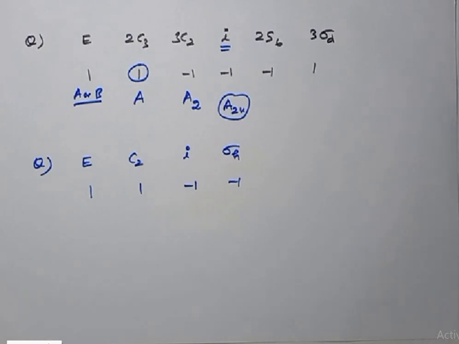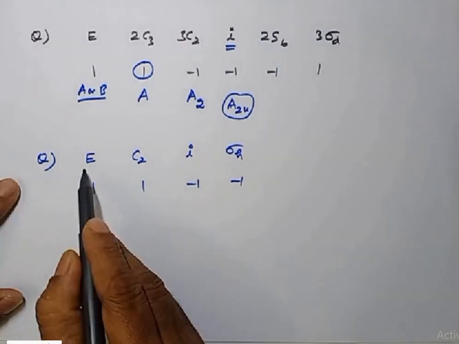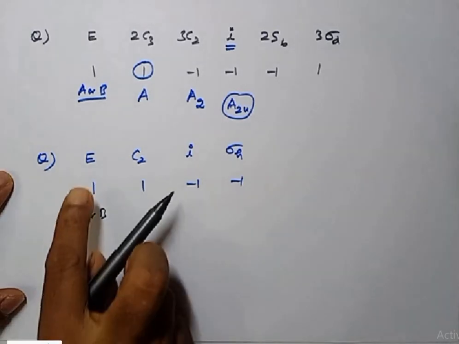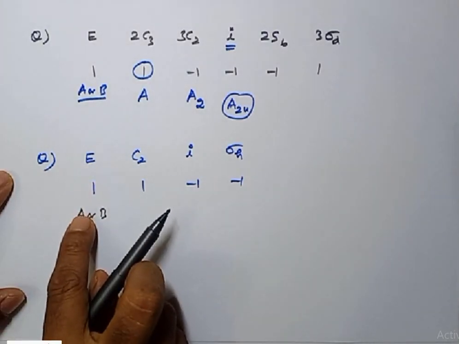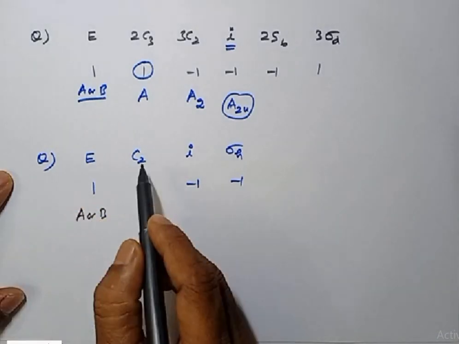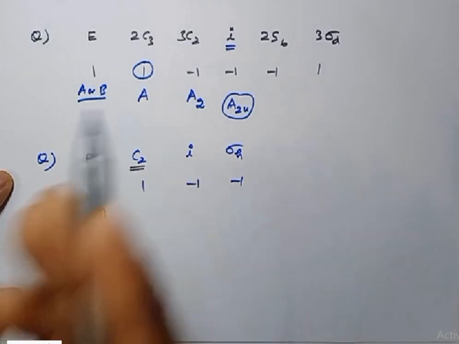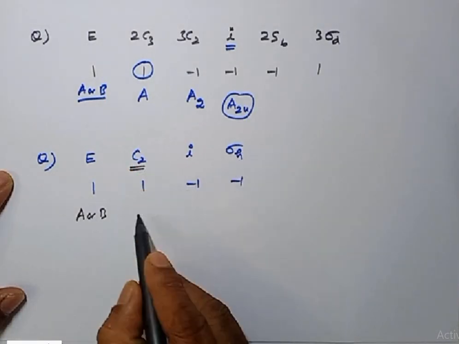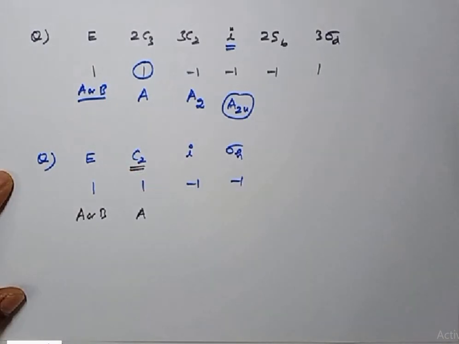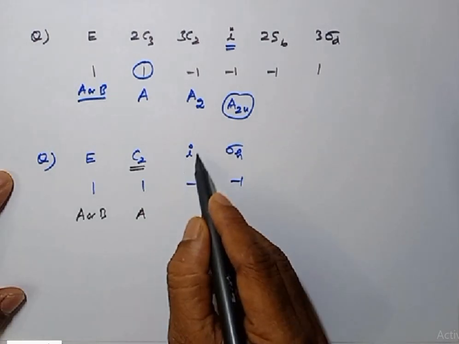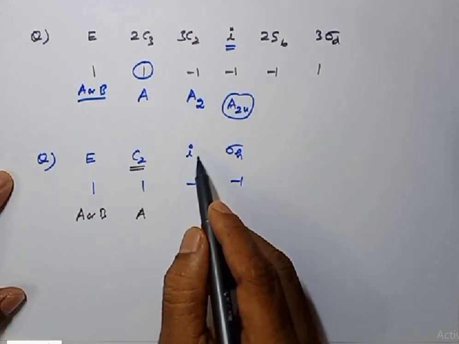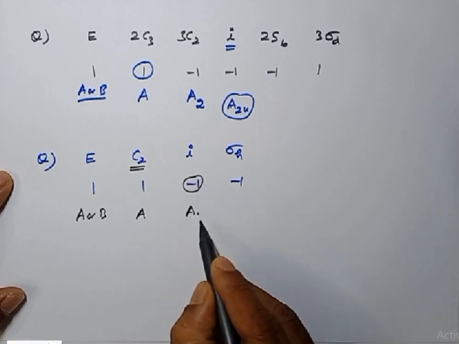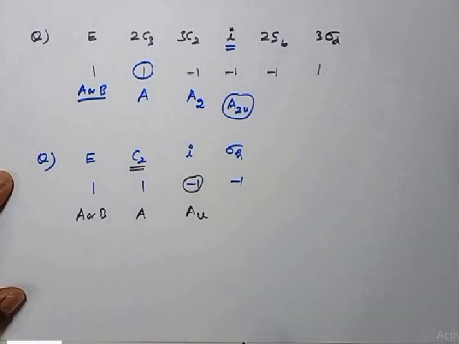The identity character is 1, so the symbol should be either A or B. To fix A or B, see the principal axis. If we have only one axis, it should be the principal axis. The character for the principal axis is 1, so the symbol should be A. Then inversion is there, and the inversion character is -1, so you put u, ungerade, Au.